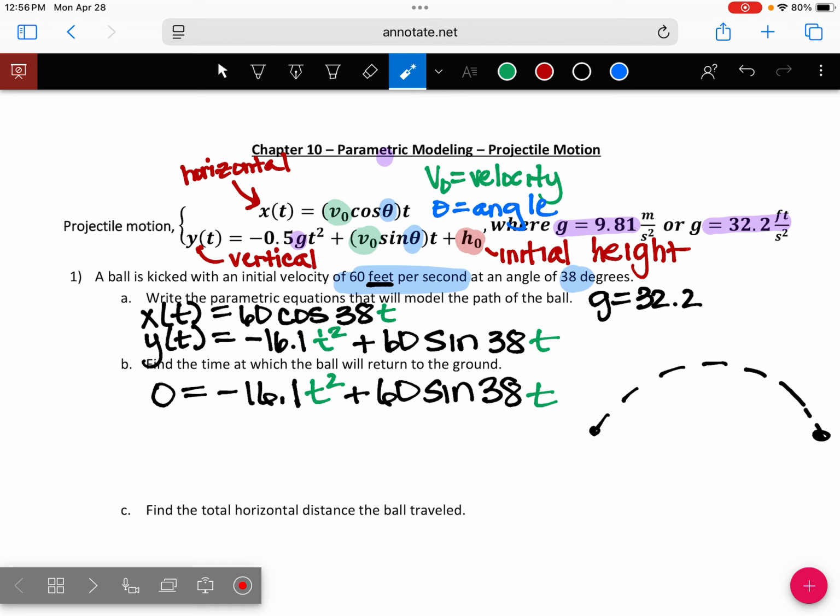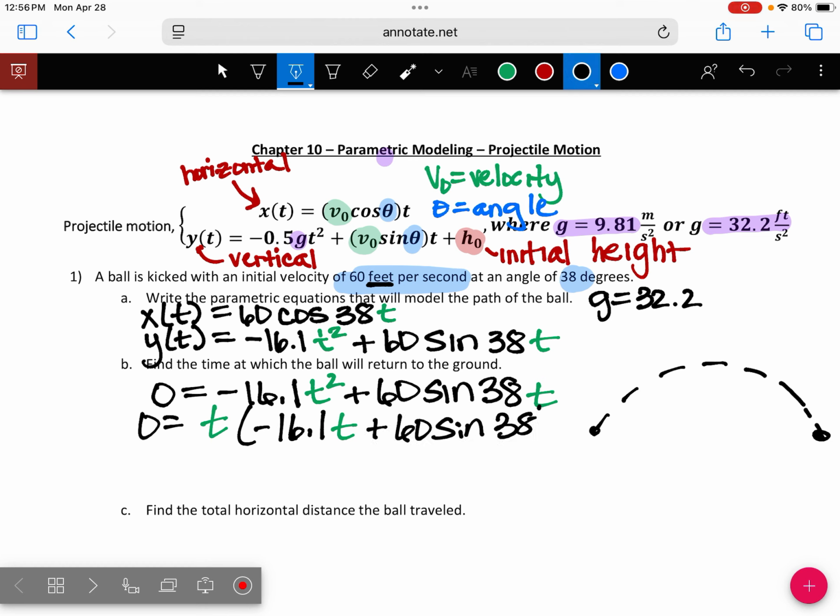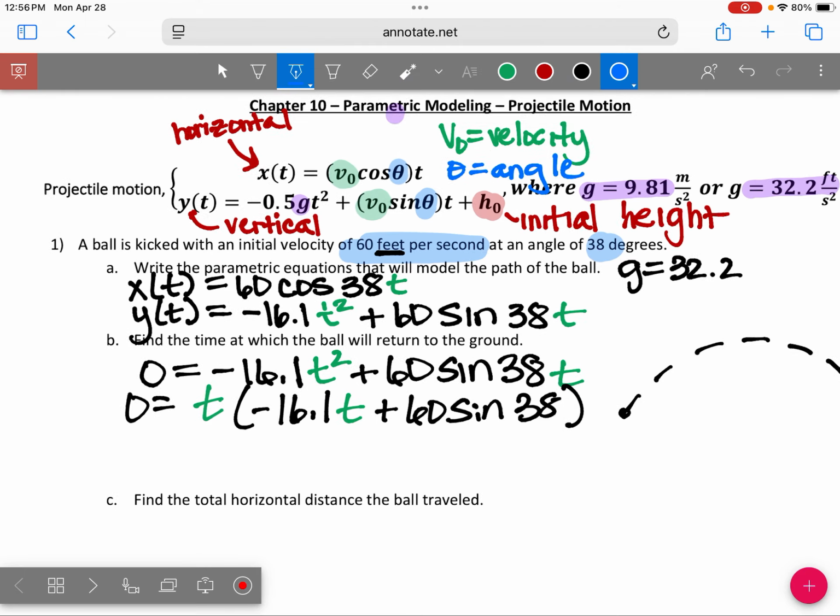T. So let's factor out a t. And when I factor it out, I have negative 16.1 t plus 60 sine 38. Now let's set them both equal to 0.